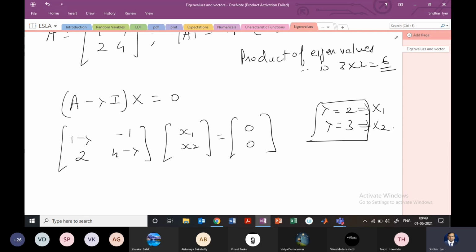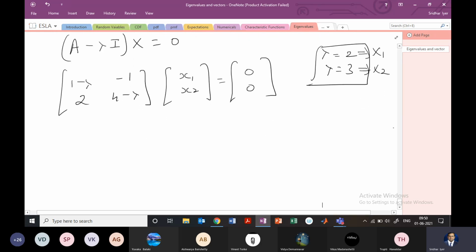Are you able to solve it? Let me put lambda equal to 2 and see what we'll get.